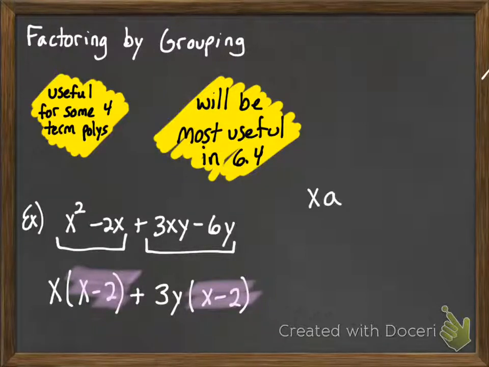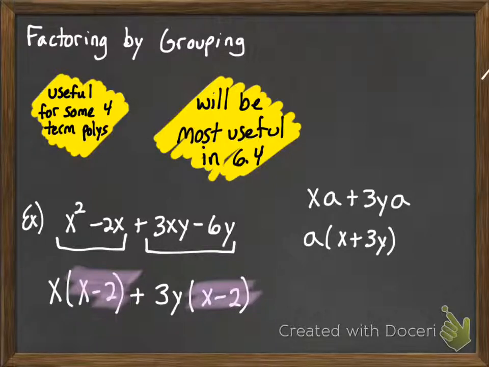If I had xa plus 3ya, everybody would say, hey, a is in both of them. We can take it out as a common factor. And so we'd have a times x plus 3y.